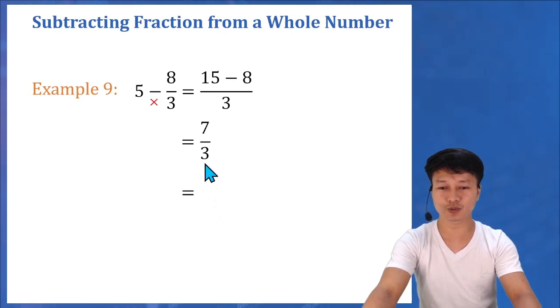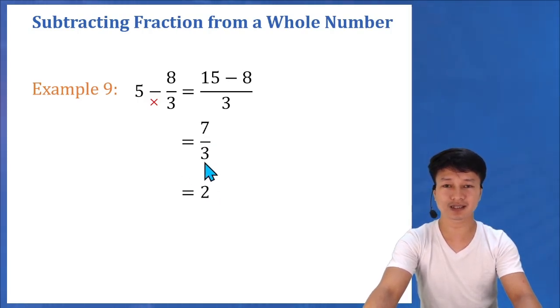So that is equal to, ilang 3 meron sa 7? Of course, there are 2, because 2 times 3 is 6. So kung 2 times 3 is 6, ilan na lang kulang para maging 7? 1 na lang. So the numerator of the fraction part is 1 over 3, which is also the denominator of the given improper fraction we are simplifying. So the final answer is 2 and 1/3.